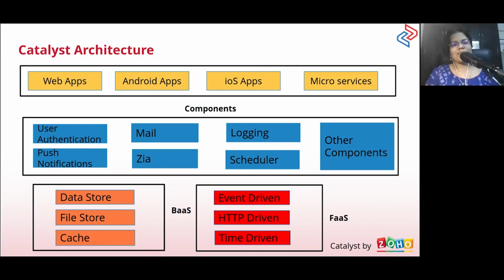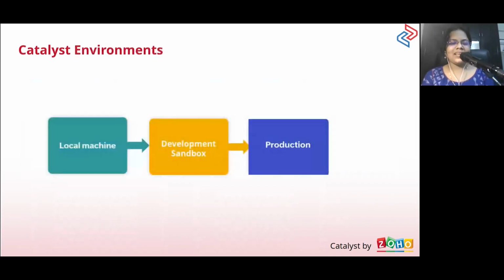I think we'd covered this previously as well, but I'll go through it very quickly. So we have the Catalyst CLI that can be used locally. We have the development sandbox, that is a copy of your production environment. So you can test your applications in the development sandbox and then push it to production. Production is when your application goes live and is available for scale or to be used.